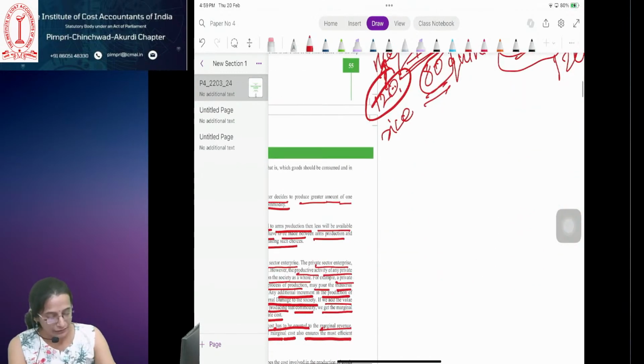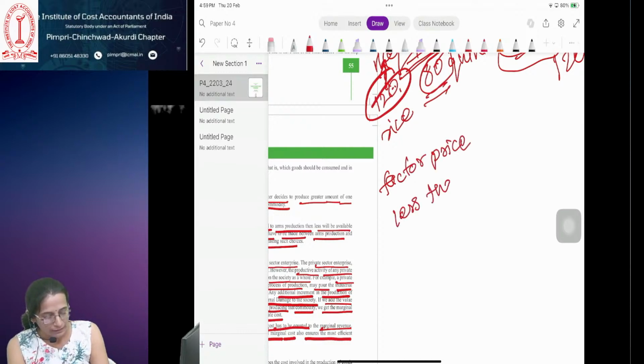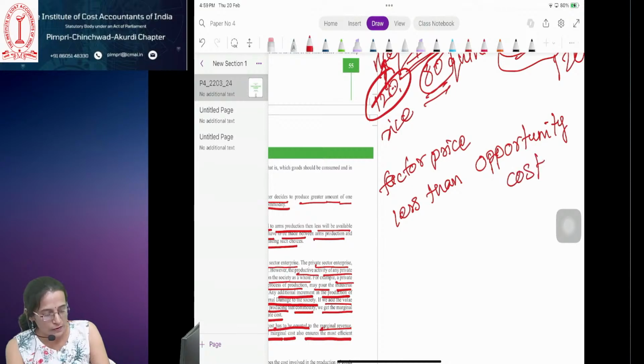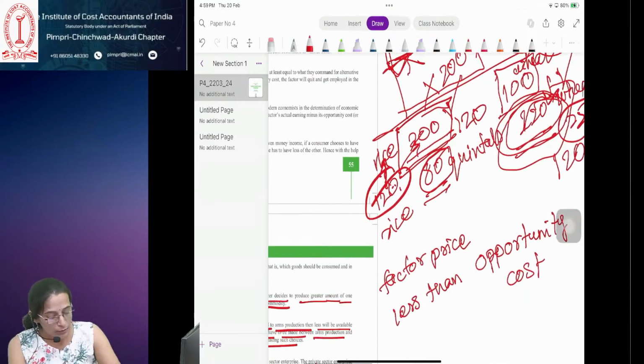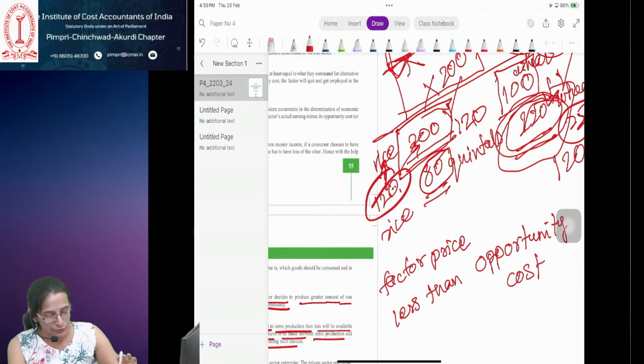If the factor price is less than the opportunity cost, what they are saying is, factor price is less than the opportunity cost. Here the opportunity cost was how much in this case? 120 quintals of rice for 220 quintals of wheat, right?